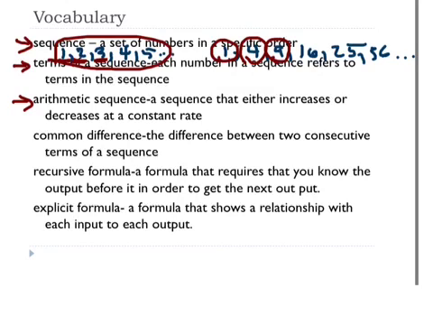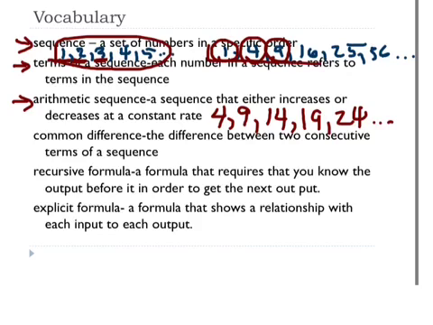Another example of an arithmetic sequence would be to start at 4 and then add 5 to that and get 9. I can continue adding 5 and I'd get 14. Add another 5, I get 19. Add another 5, I get 24, and I can continue doing this forever and a day. That's an arithmetic sequence because it is increasing at a constant rate.